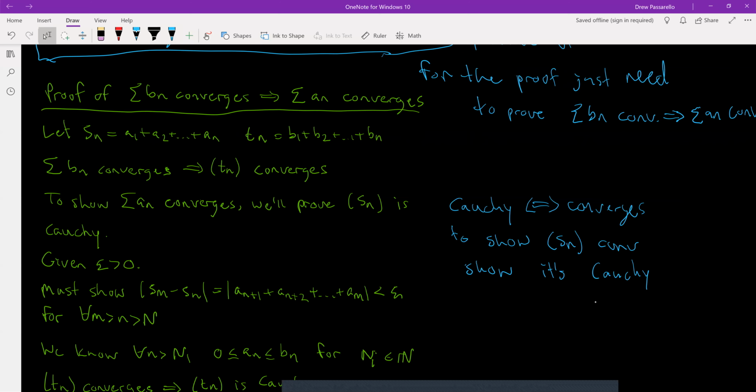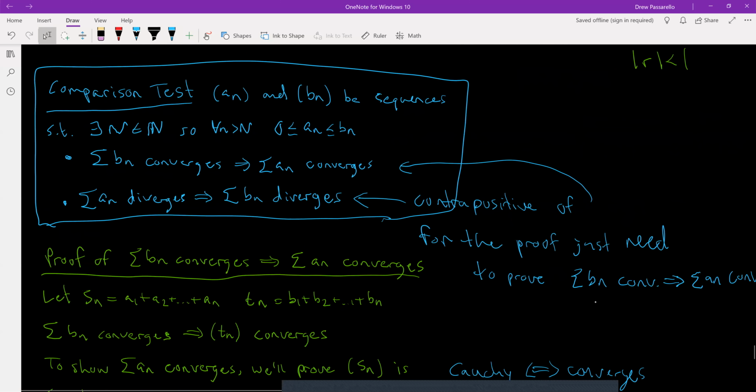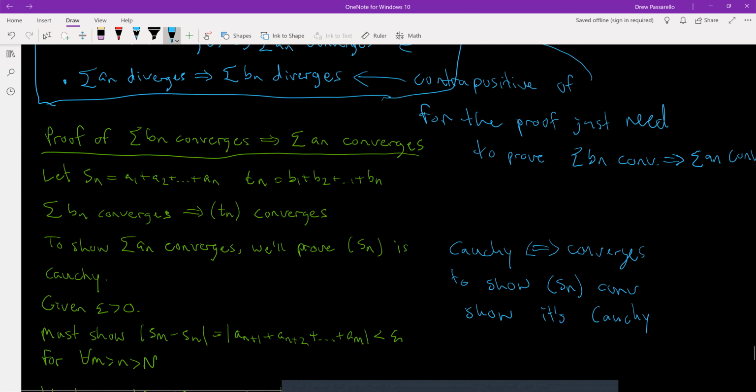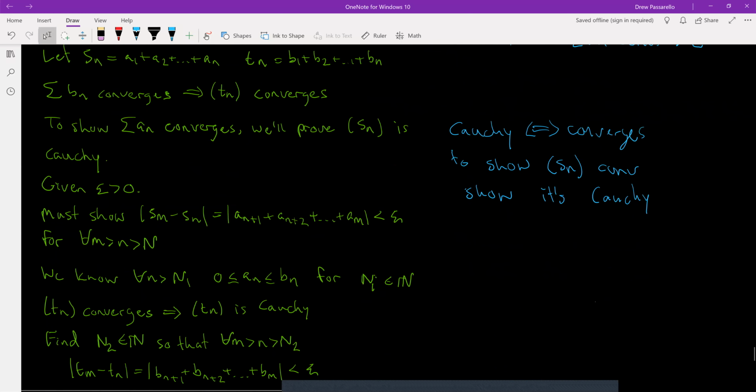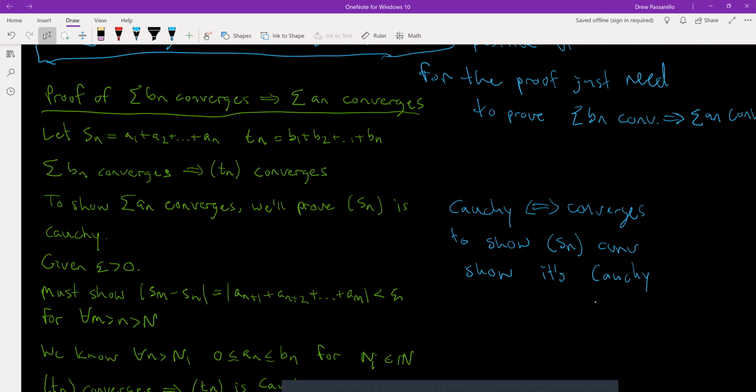All right, so what we know, our assumptions here, we know that this is true for some index. Let's say that's index n1. So we know for all little n bigger than n1, we have an less than or equal to bn, for n1 some natural number. We know the sequence Tn converges because that's the nth partial sum for the series of bn.